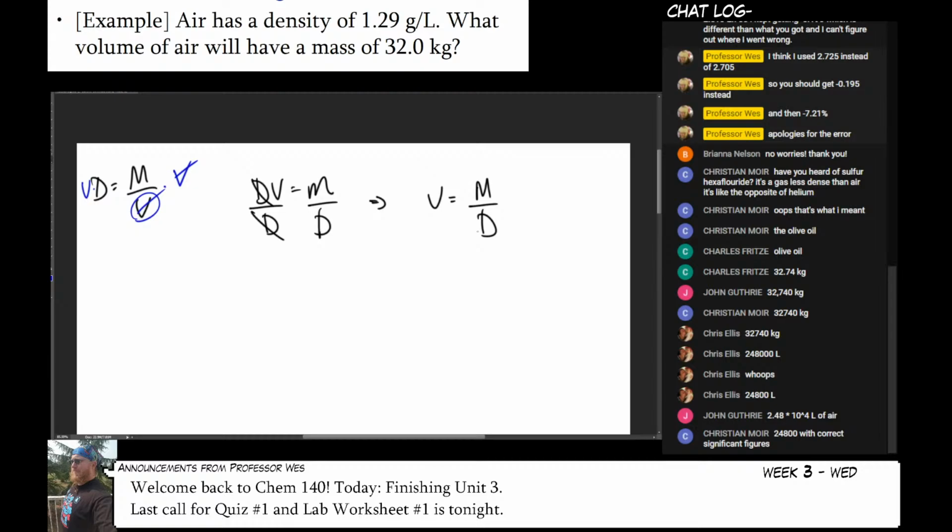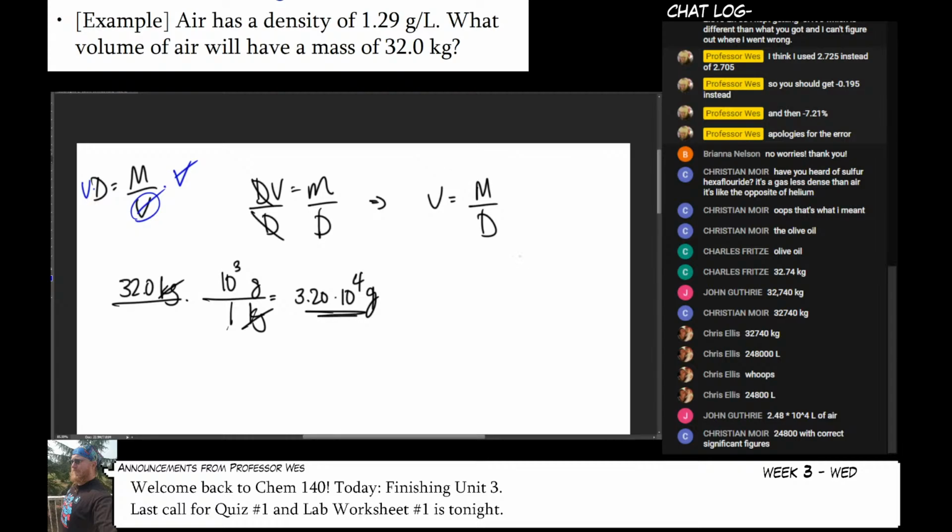Now I need to make sure that all of our units are in the same type of mass. So I've got mass of 32 kilograms. What I'm going to do is turn that into grams, just because then it matches up with the density. So there's the mass of my air.